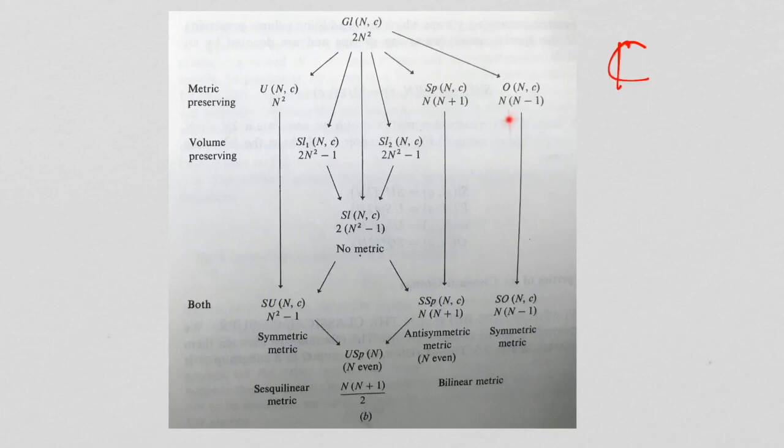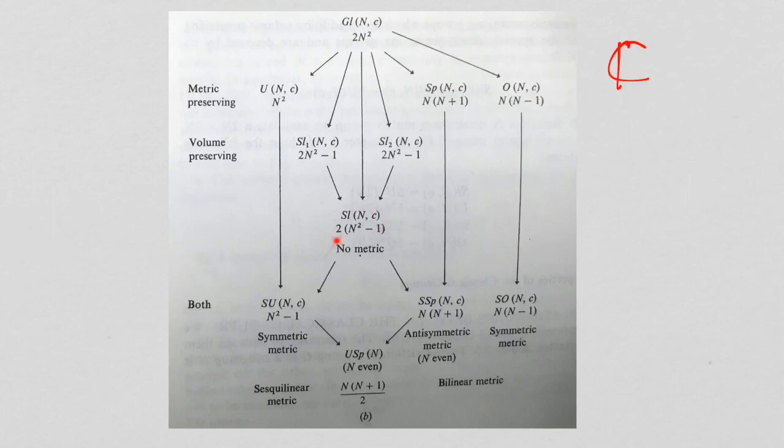Then once you're metric preserving, you may or may not be volume preserving. Now, when we talked about volume preserving, we talked about the SLNC, so that's this line here. It turns out there are two subgroups that are also volume preserving in a slightly different way, and we're not going to get distracted by them, but it has to do with the fact that the modulus of the determinant could be 1 in two different ways.